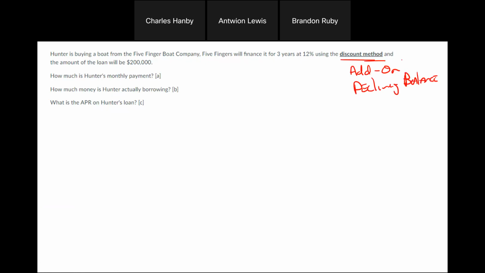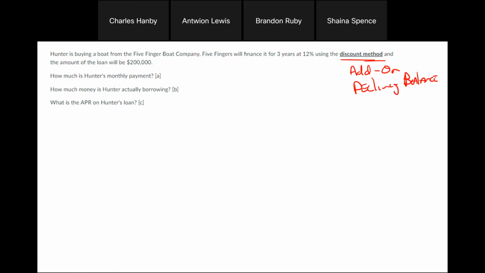Basically, discount method and add-on method are what I call sleazeball loans. Truthfully, it would be hard to use these methods and comply with the Truth in Lending Act, but that doesn't mean that people aren't still trying to use these types of loans.